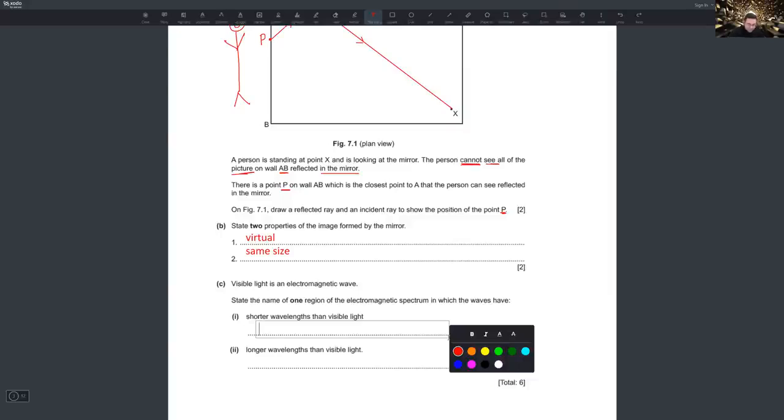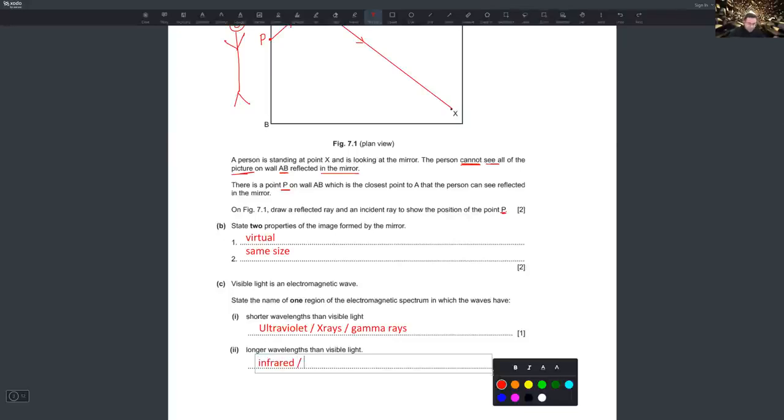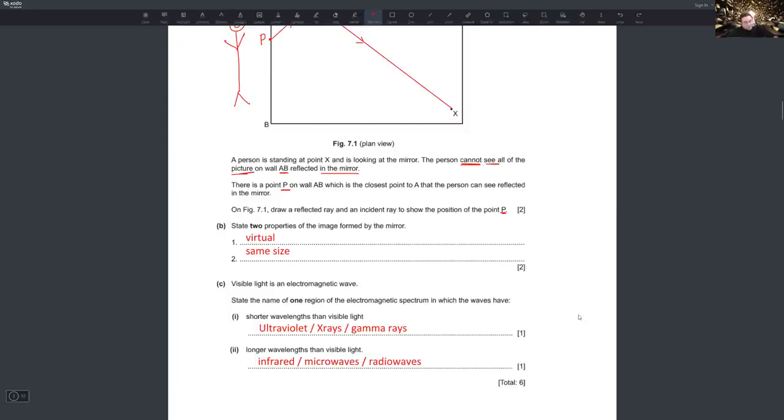So you have ultraviolet or X-rays or gamma rays. Longer wavelengths, you have the other side: infrared or microwaves or radio waves. Choose whatever you want. This is from last time.